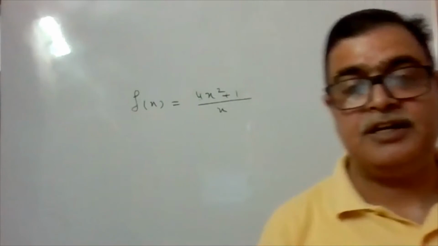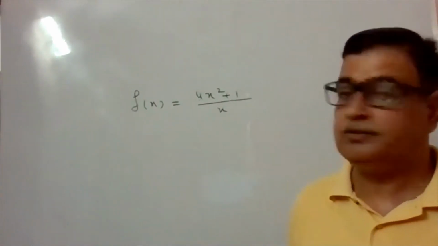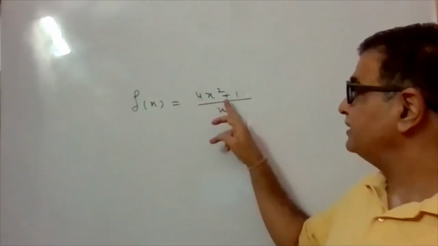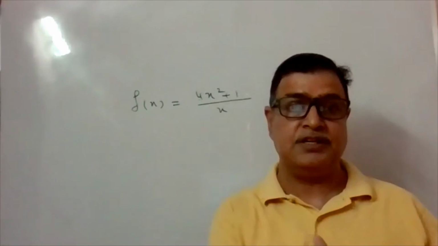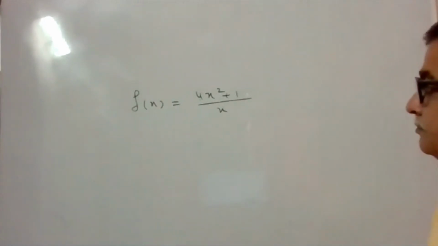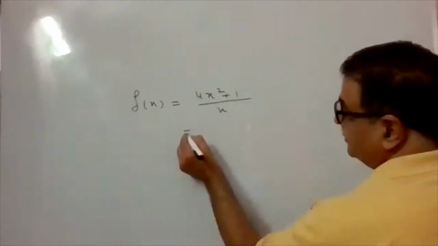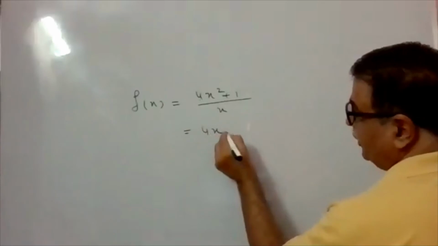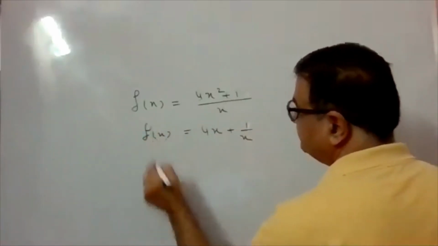Find the interval where this function is increasing, where this function is decreasing. That is the question. f(x) is 4x squared plus 1 by x. Find the interval where this function increases, where this function decreases. This you can write as 4x plus 1 by x is your function.